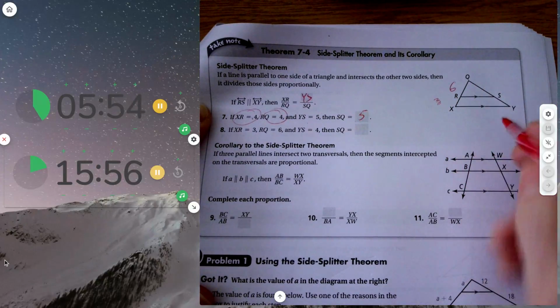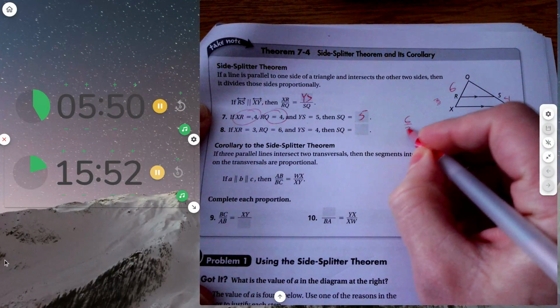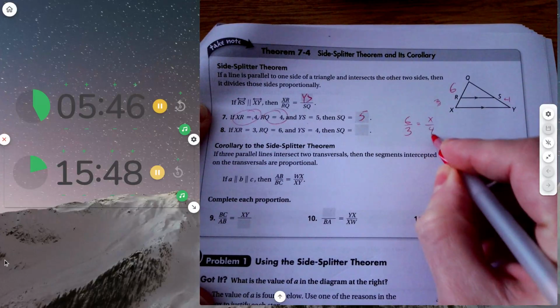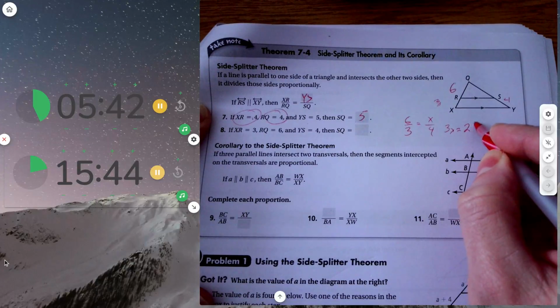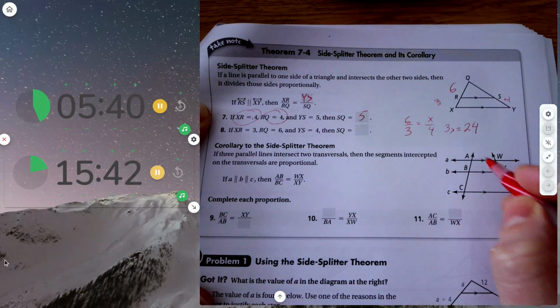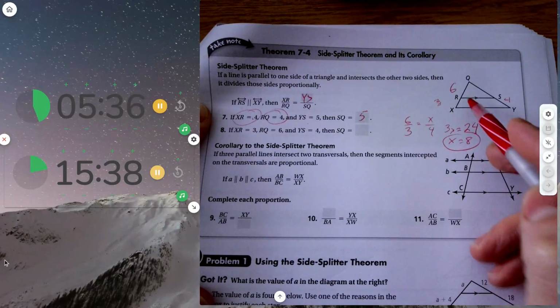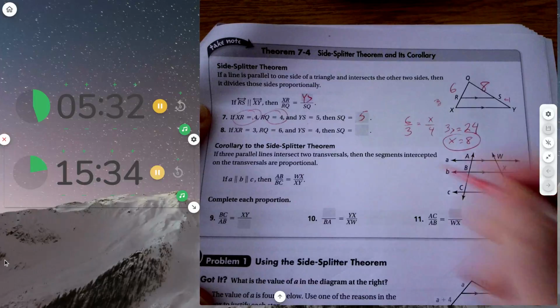And then this was 4, okay? You could set that up in a ratio as 6 over 3 equals unknown over 4. 3x equals 24. And then x equals 8. Or you could have spotted that this is double the size of that, so that's going to be double the size of that.